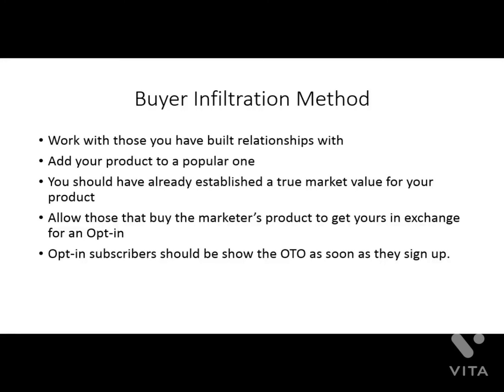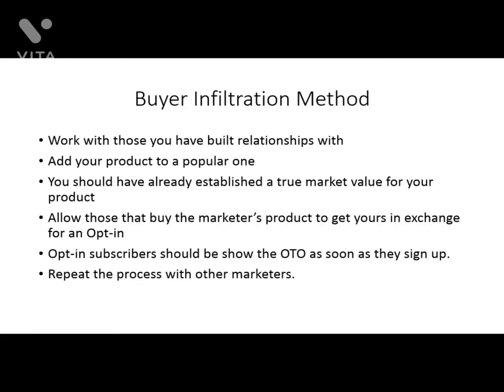Only give them access if they complete the opt-in process, right? And make sure that they also see the OTO when they sign up, right? So you will then have an opportunity to monetize that situation. And of course, one of the great things about the OTO is that in that case, you will not be giving 50%. You'll get 100% of all the sales.